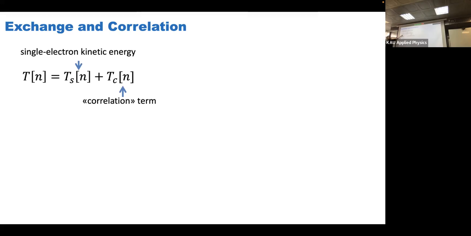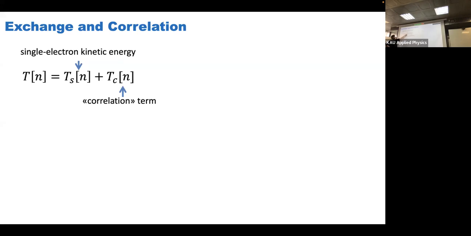Then we approximate it by the single-electron kinetic energy, the local density approximation from the Thomas-Fermi model. We can approximate it in a lot of ways, but I told you about Thomas-Fermi. So let it be Thomas-Fermi, and it will not be ideal.